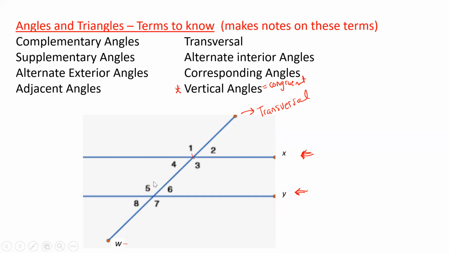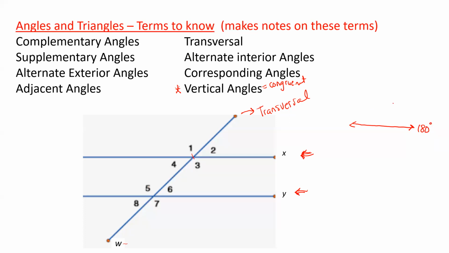You also create all of these supplementary angles. If I gave you a straight line and called that a straight angle, hopefully you remember that a straight line equals 180 degrees.